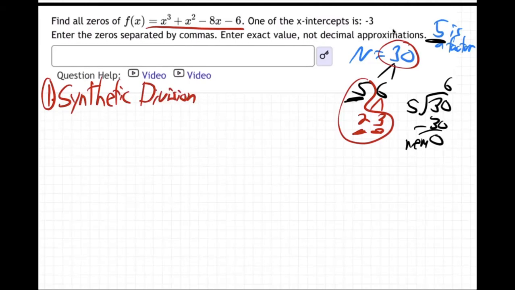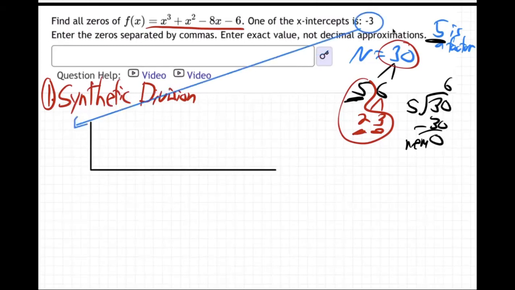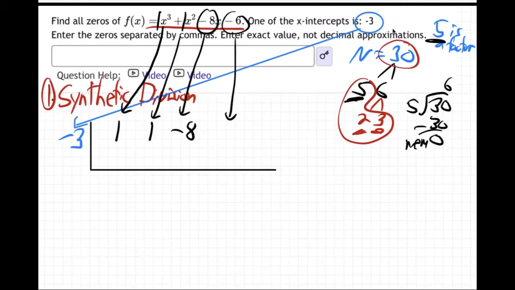So let's do it. You grab the -3 here, and that goes out here. And then you grab the other coefficients and put them down. There's a 1 there, a 1 there, a -8 there, and a -6 there.